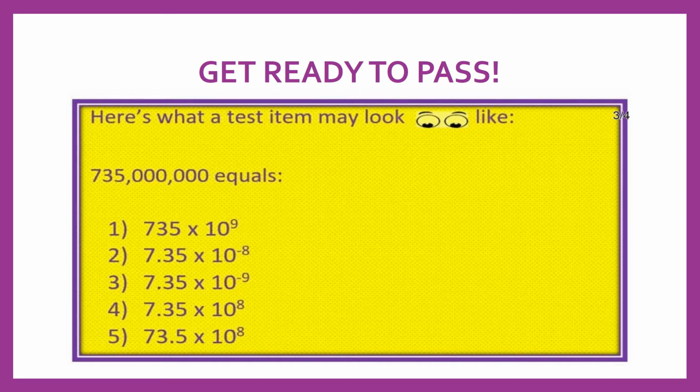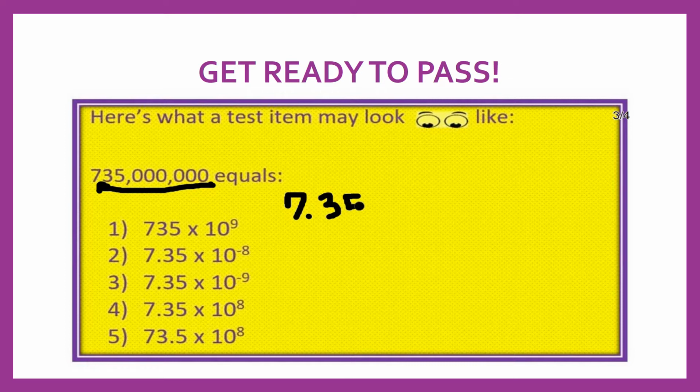In order to solve this problem, you are being asked to convert this large value into its scientific notation form. To do that, we're going to move our decimal point, which is here, several spaces forward so that it ends up with one single digit before it. When we do that, we end up with a decimal value of 7.35.